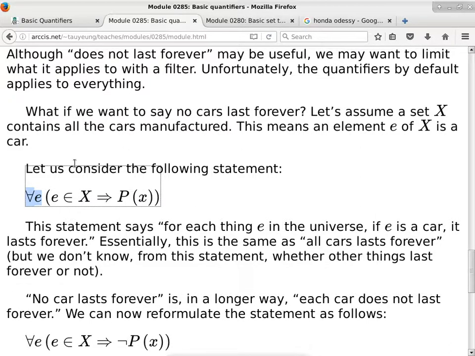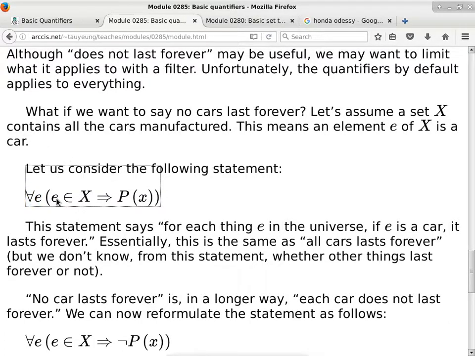So I'm going to say for each thing in the entire universe, and we'll call that thing E that we are considering. That process is called binding a variable E, in this case, to a particular thing in the entire universe. So let's say in this particular instance, we bind E to MX5, which is a model of a car.